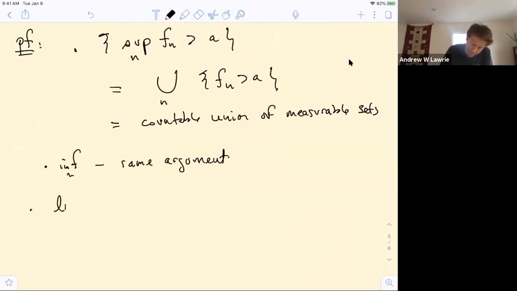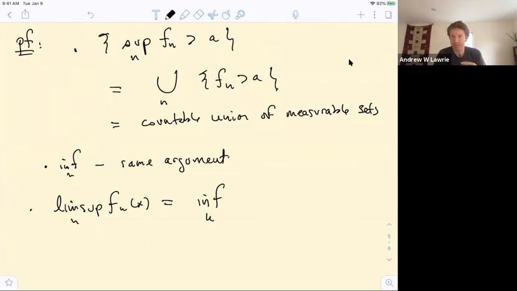The lim sup, for this it's helpful to write this as the inf. We're just going to use the sup and inf characterizations of lim sup and lim inf in the first part of the theorem to prove this latter part. So the lim sup of fn is, remember, the inf over n of the sup over k bigger than or equal to n of fk of x.